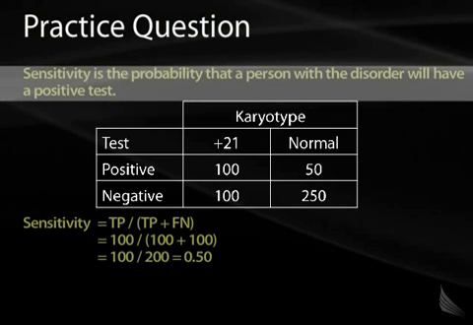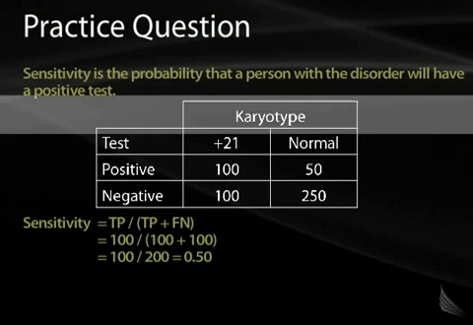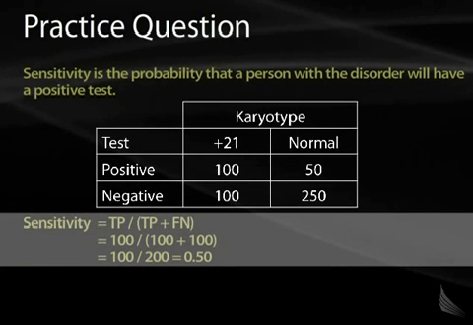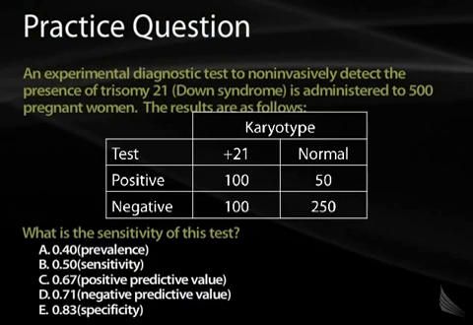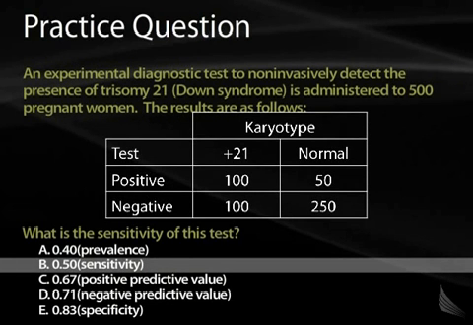To compute sensitivity, it's simply a matter of looking at the true positives divided by all the people who have the disease. In this case, the true positives is the number 100, the upper left value, and the number of people who have the disease, or in this case the karyotype, is 200. The result here is going to be 0.5 or 50% sensitivity.